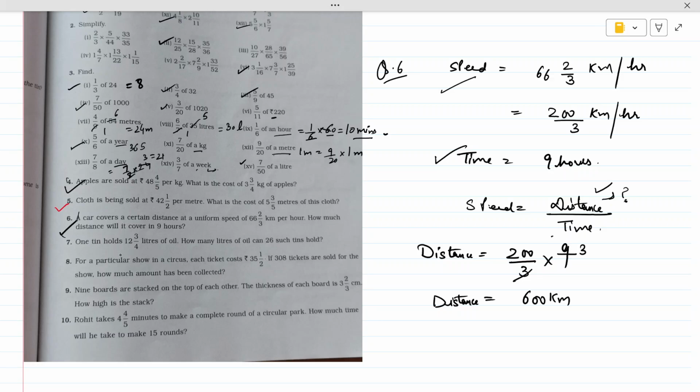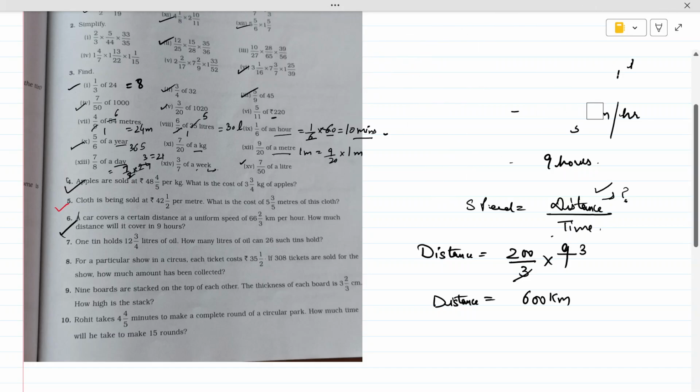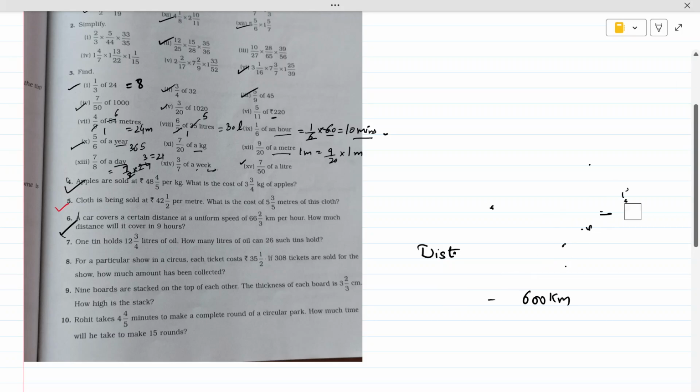Next, one tin holds 12 3 by 4 liters of oil. How many liters of oil can 26 such tins hold?